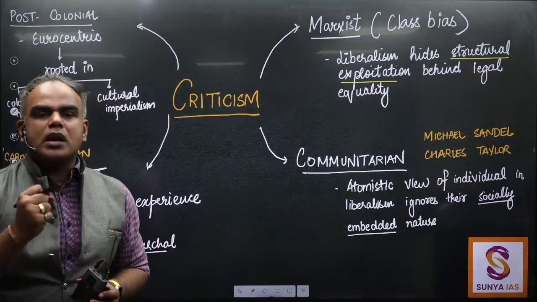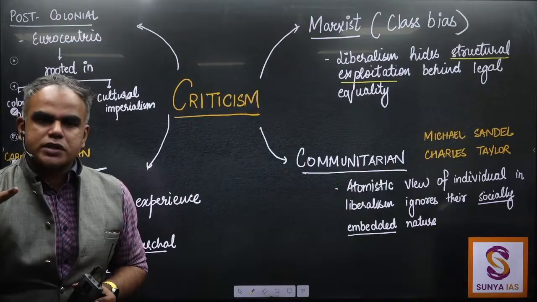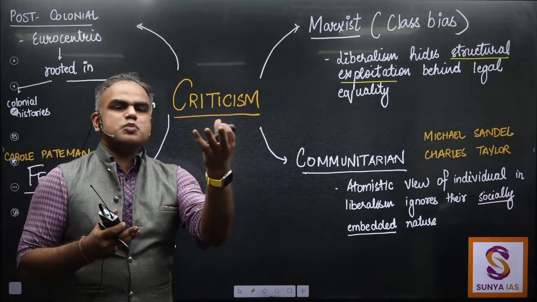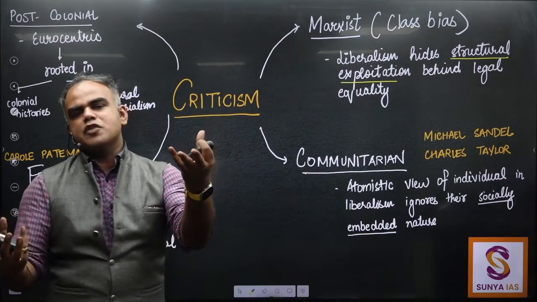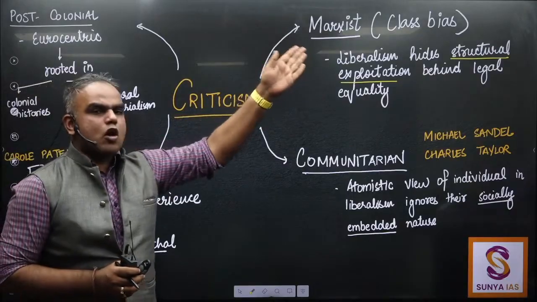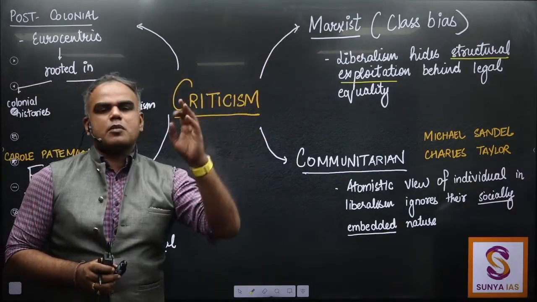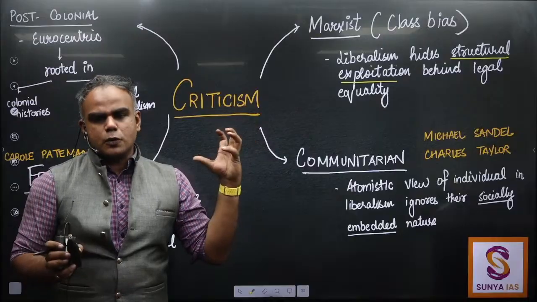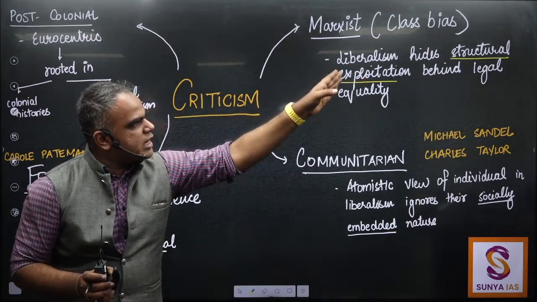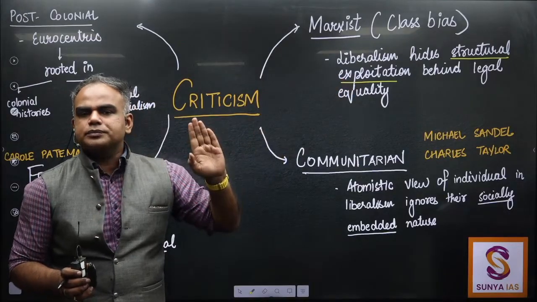Everybody, they'll say, is equal legally, even politically you can vote, but it does not tell the schism or the divide between haves and have-nots. So there is always a class bias. This is also going to be one of the most common criticisms by Marxism of any school of thought. Yes or no? तो पहली चीज Marxist क्या बोलेंगे, that liberalism hides structural exploitation behind legal equality.